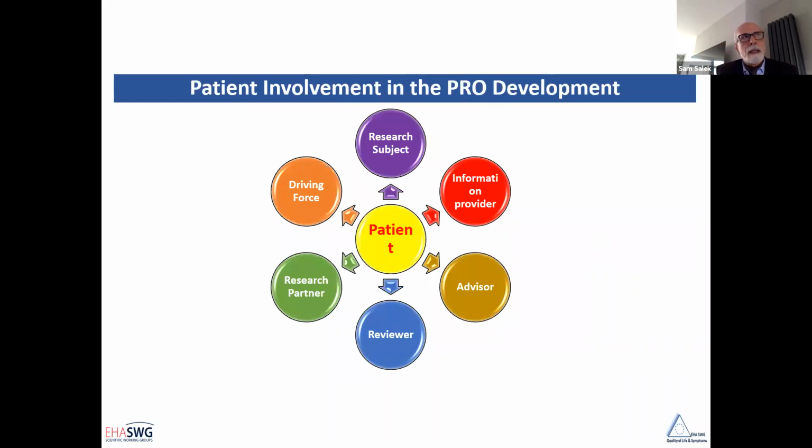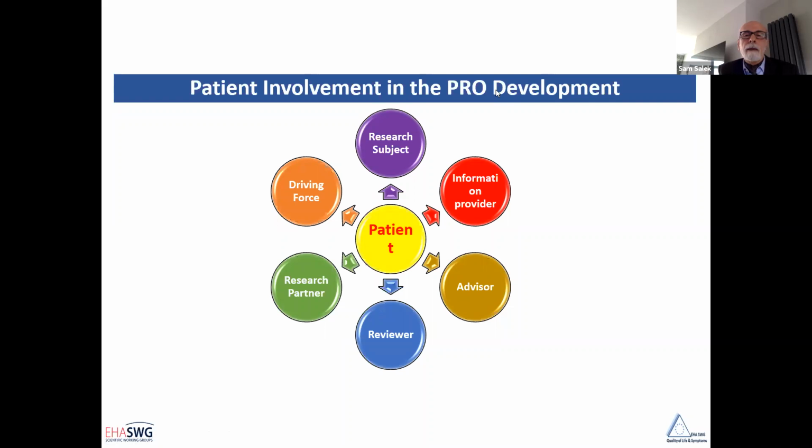This is a very important slide, and I want to focus on this a bit, and I've got 2 video clips to share with you. The video clips are one with the patient research partner, a patient with hematological malignancy who was involved with the project as a patient partner, as a member of the research team. And the second one is a patient with solid tumor cancer, breast cancer.